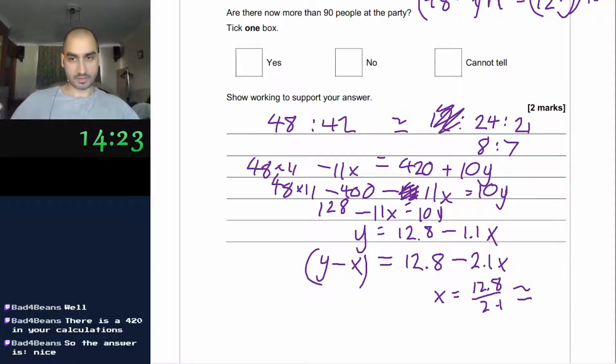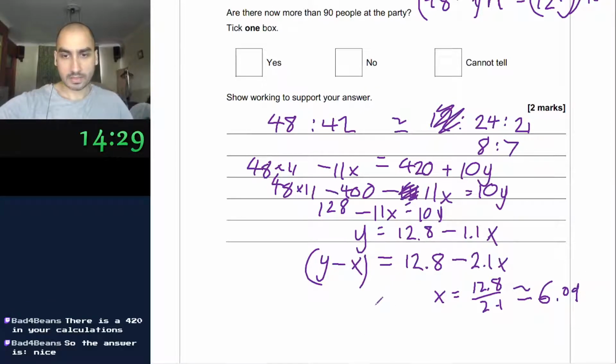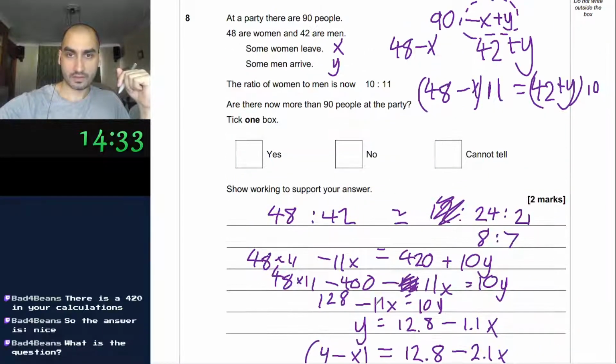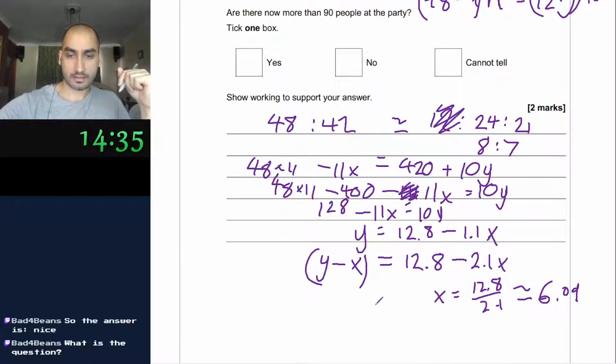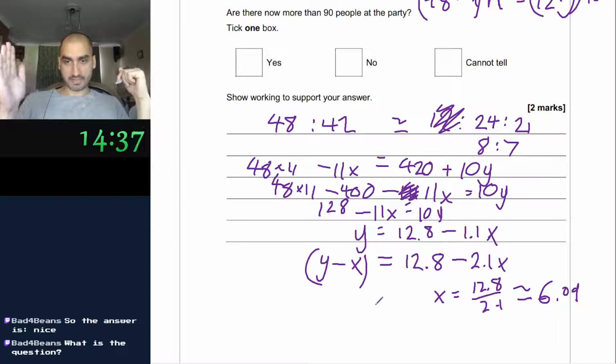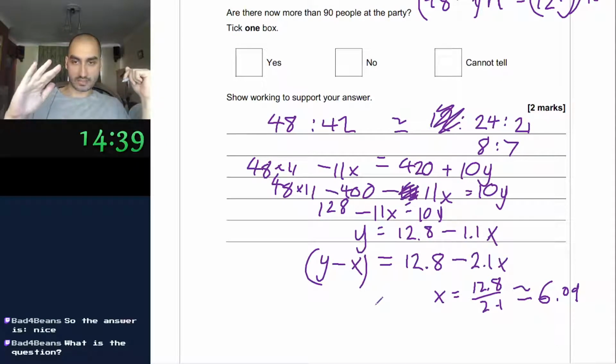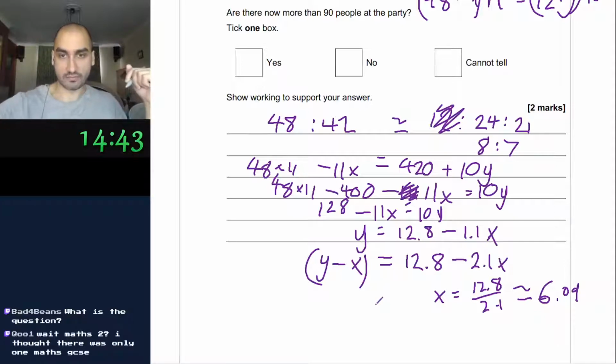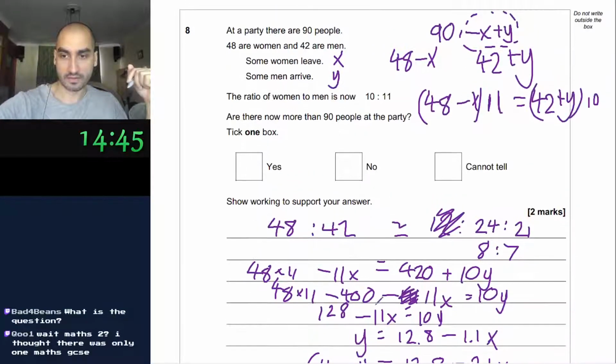About 6.09. So the turning point is at x equals 6.09, so when x is 6 or when x is 7, this changes the value of y minus x from positive to negative.